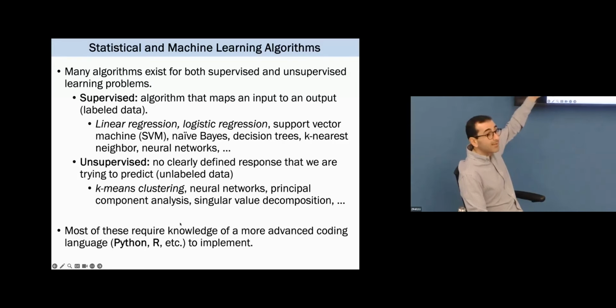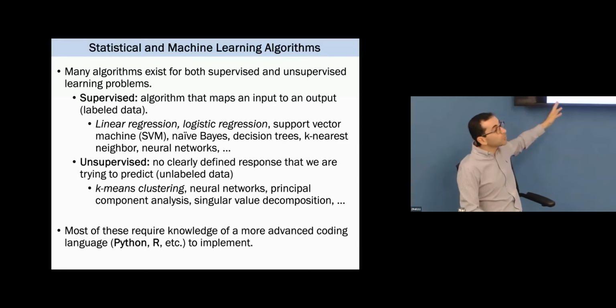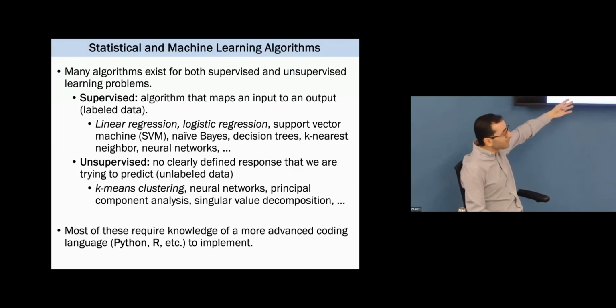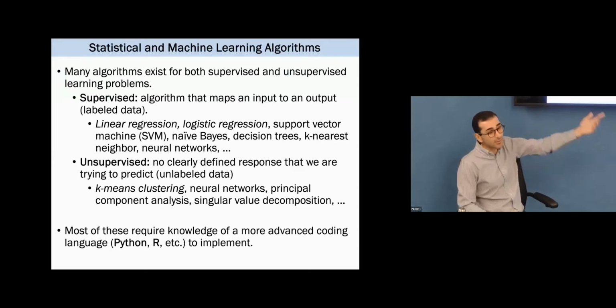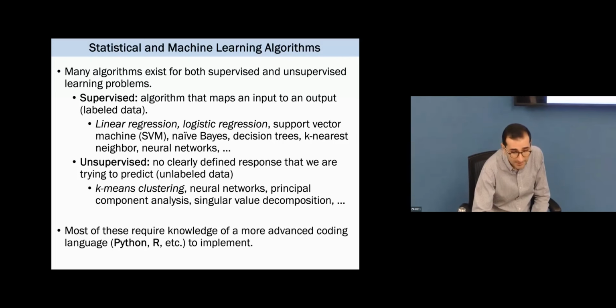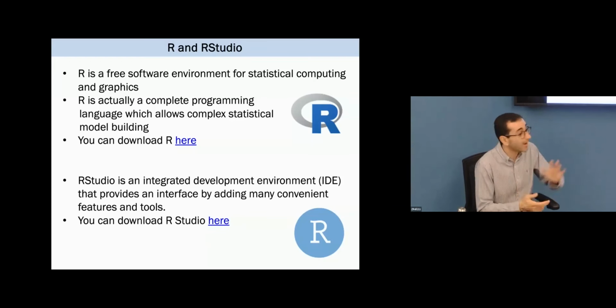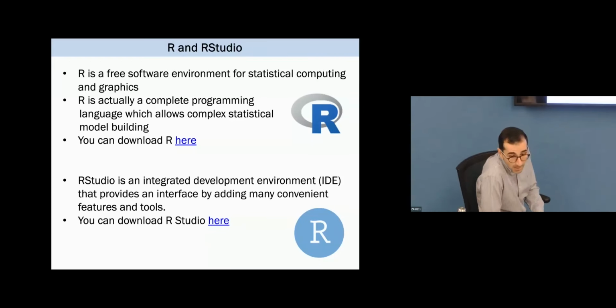Now, to apply those more advanced algorithms, usually we need to code in languages more advanced than Excel. You can use Python, you can use R, you can use RStudio. In this class, we're using R and RStudio because it's free. High school students can download R and RStudio for free.